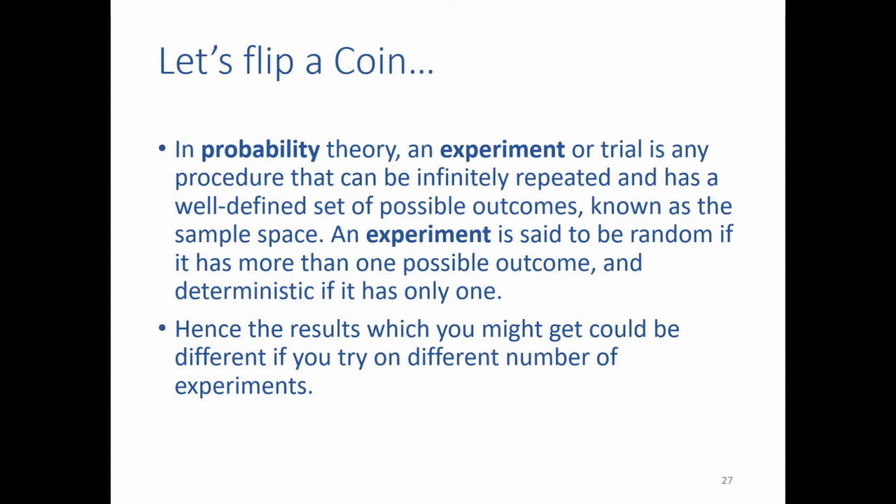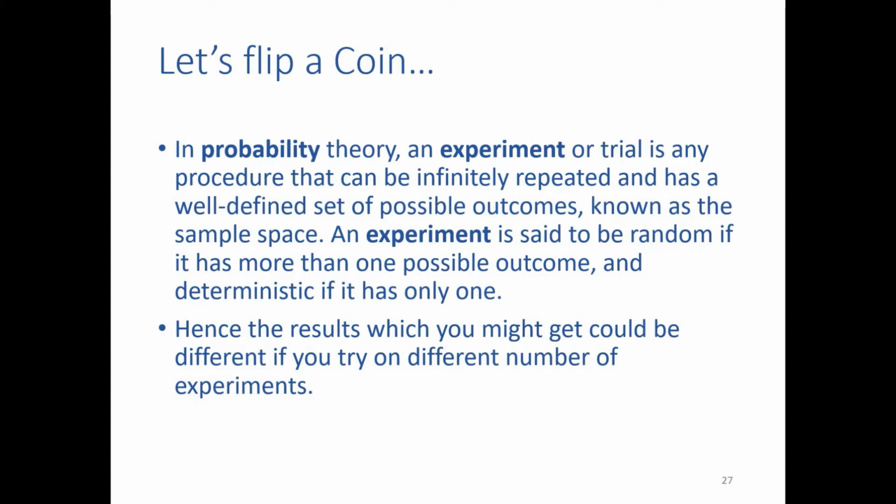Now if I try to find out the probability from this given observation, the probability of getting head would be 1 divided by the total number of possible outcomes, which was 2. So it will be 1 by 2. Now let's say I do the experiment 100 times.